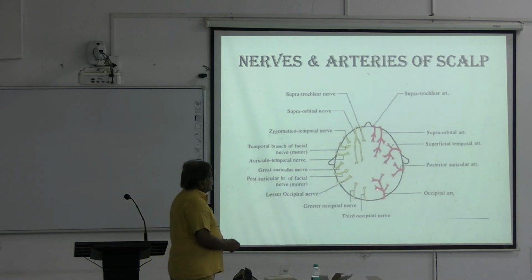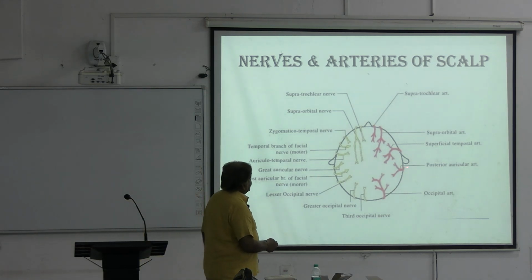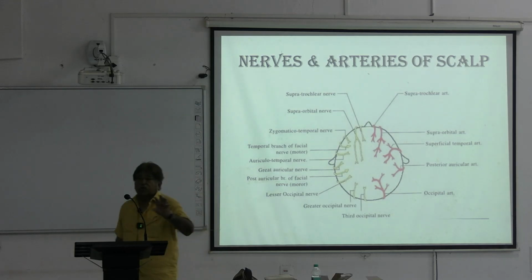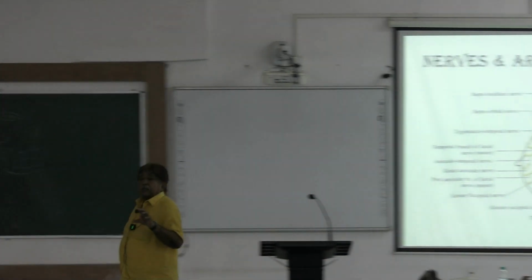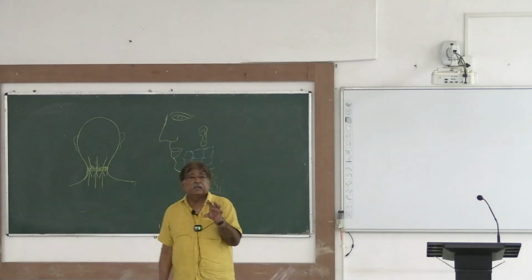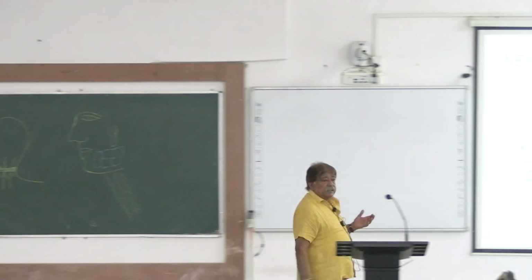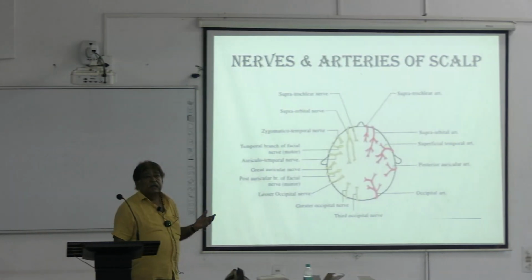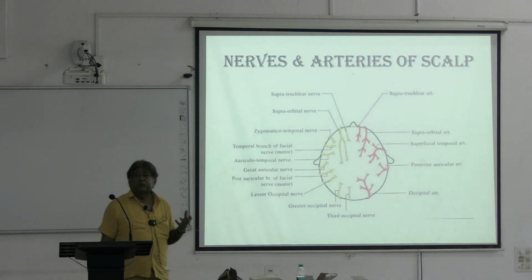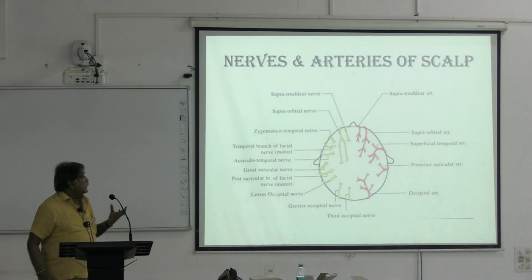The occipital artery, the posterior auricular artery, the superficial temporal artery, supraorbital artery, and supratrochlear artery. You can get a short note. And this picture speaks: the arterial and nerve supply of the scalp.